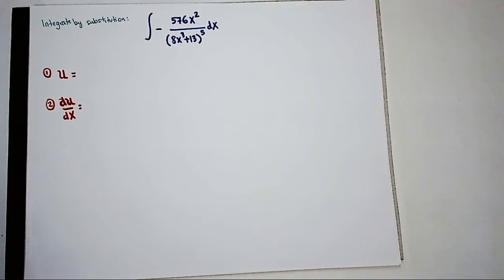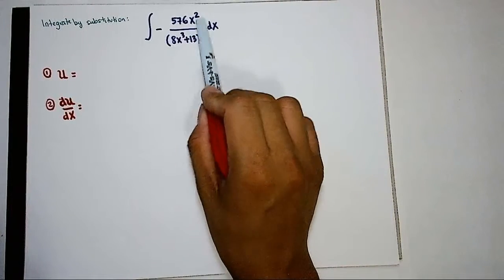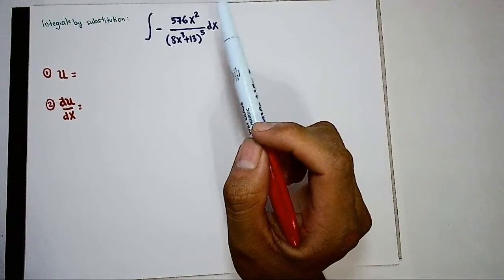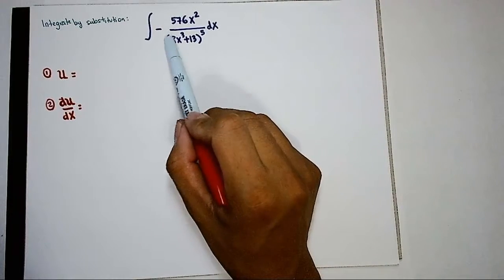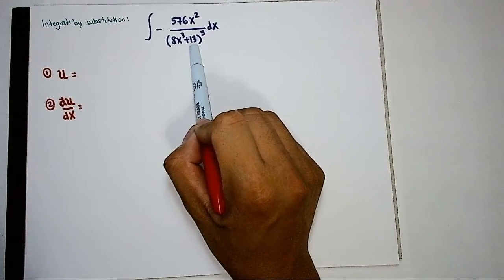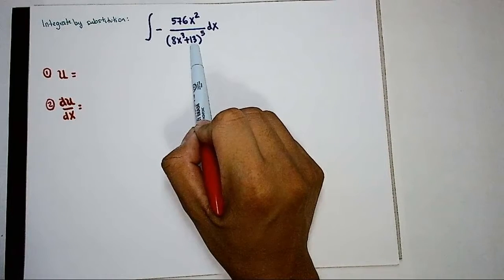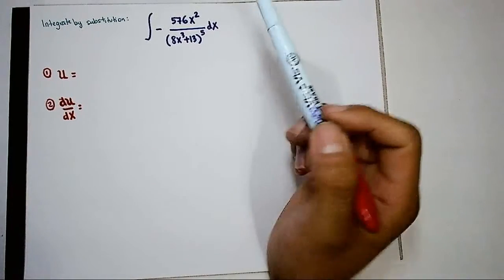In order to determine which one will be our u, let's compare both factors. The first one is a quadratic function. The second one is a cubic function which at the same time is elevated to the fifth exponent.